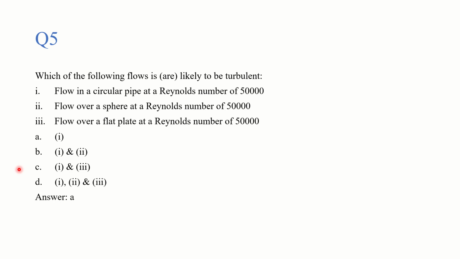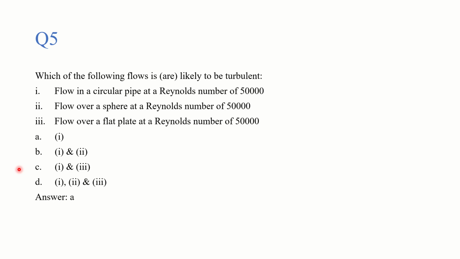For example, we are very familiar with turbulence in a circular pipe, where if the Reynolds number is more than 2000, we would characterize it as turbulence, right?